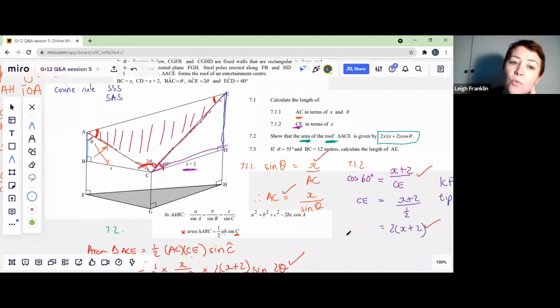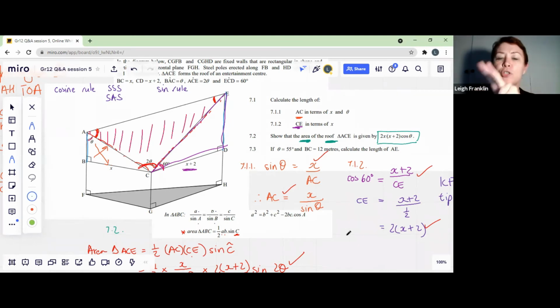In other words, if the side you want to calculate is opposite a known angle, and you know the two sides on either side of that angle, then you can use the cosine rule. The sine rule is a little bit different. The sine rule says a side over the sine of an angle is equal to another side over the sine of another angle.